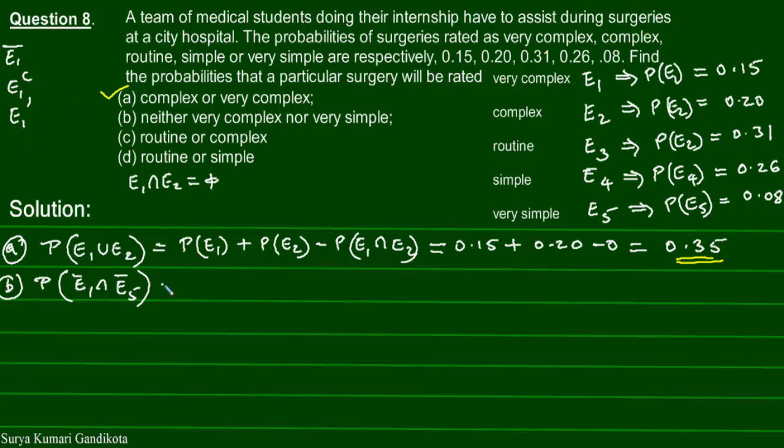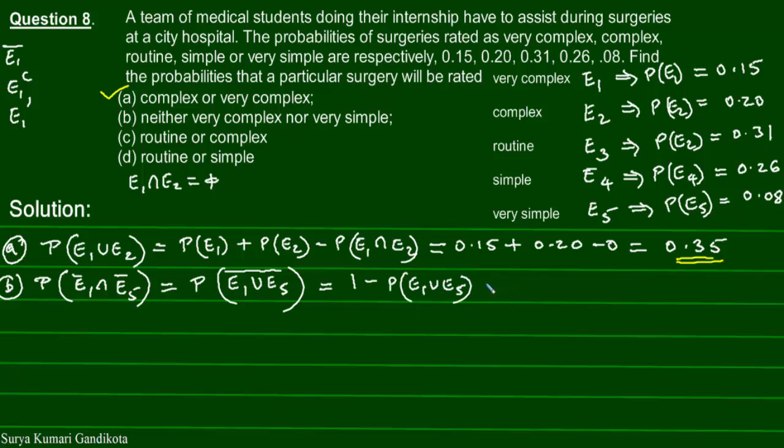So, now what is this equal to? We want to eliminate these bars or complements. So, this is nothing but P of the complement of E1 union E5, which is equal to 1 minus P of E1 union E5.